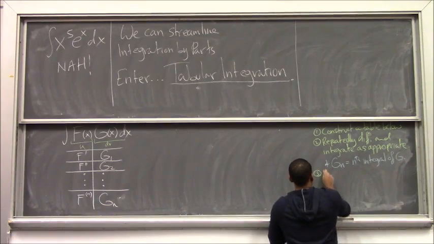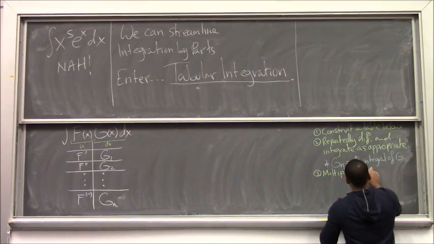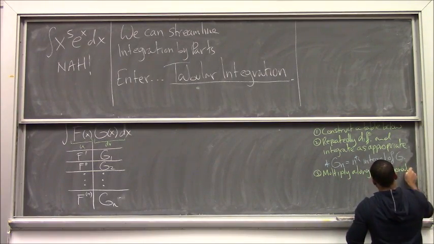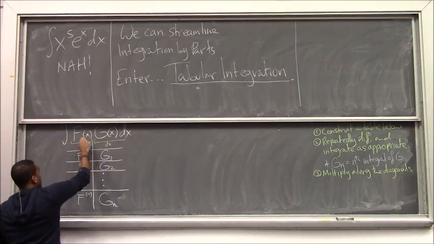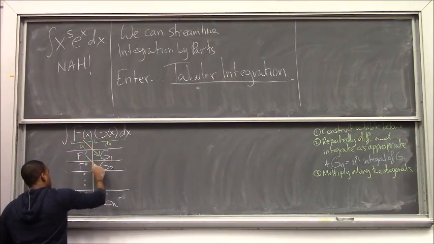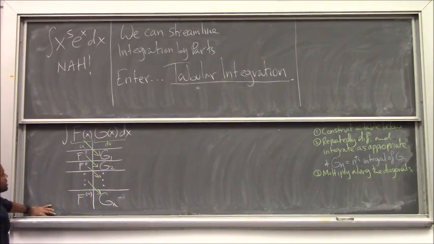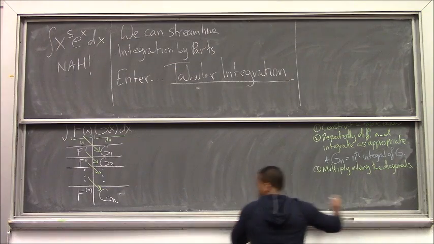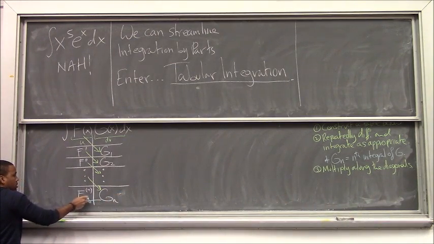Then multiply along the diagonals. In this fashion, you're going to go from top left to bottom right, top left to bottom right, top left to bottom right. Except for the last step, where you multiply straight across.